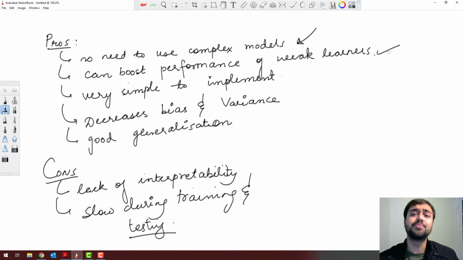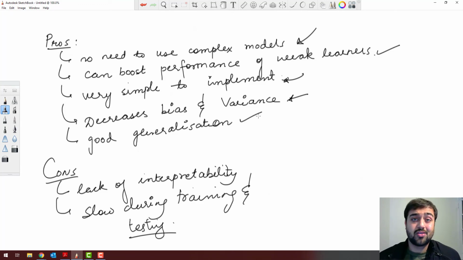It is very simple to implement. You just have to modify the weights for each data sample and keep using the same basic classifier that you have, the easiest classifier that you can have, right? It decreases bias and variance. That is why probably we are discussing these models, right? And obviously it gives a good generalization.